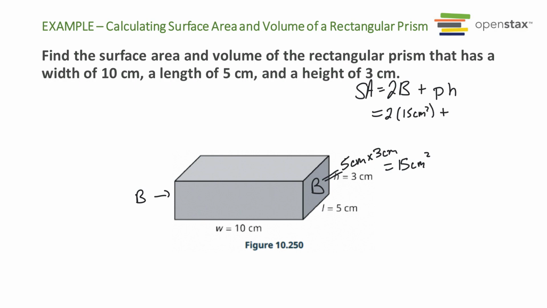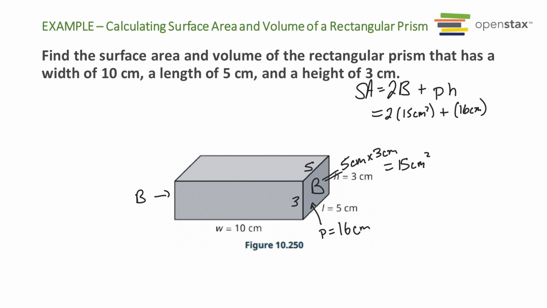Now, the perimeter is of big B. So in this case, this top up here will also be 5 centimeters, and this side will be 3 centimeters. So we're looking at 16 total centimeters. So that's the perimeter. So perimeter is 16 centimeters.